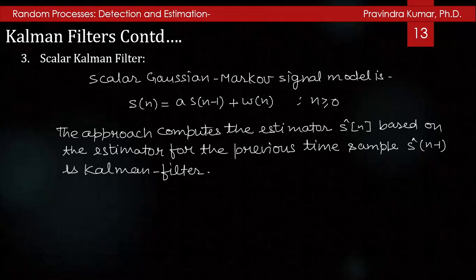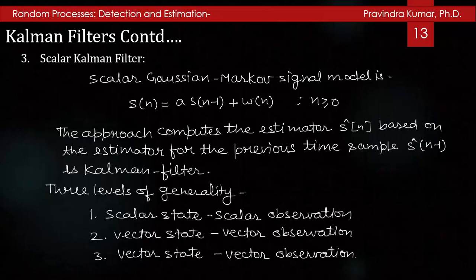The approach computes the estimator S cap n based on the estimator for the previous time sample, S cap n minus 1. This is the Kalman filter. It can be applied in estimation of scalar Gauss-Markov signals as well as to its vector extension. There are three different levels of generality: scalar state, scalar observation; vector state, scalar observation; vector state, vector observation.